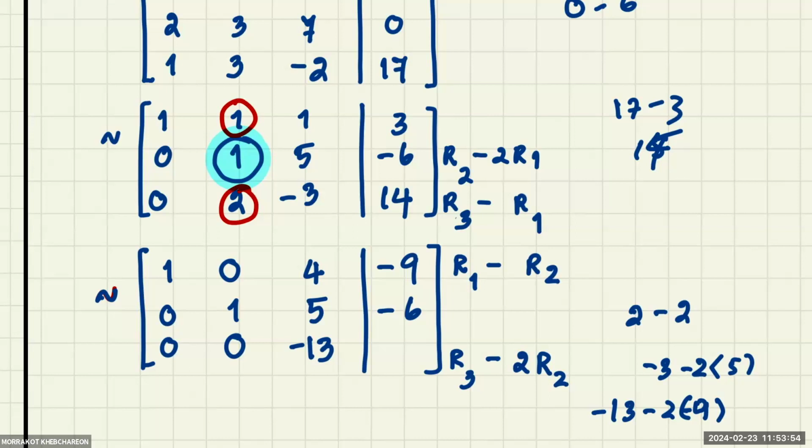Row 1 is 9 or minus 9? 9, right? Yeah. So it's going to be plus 9 there.